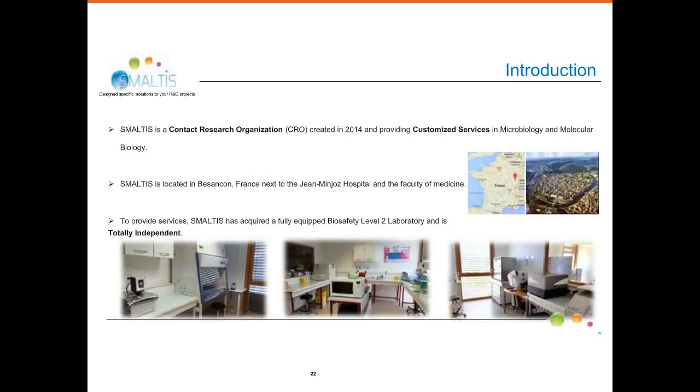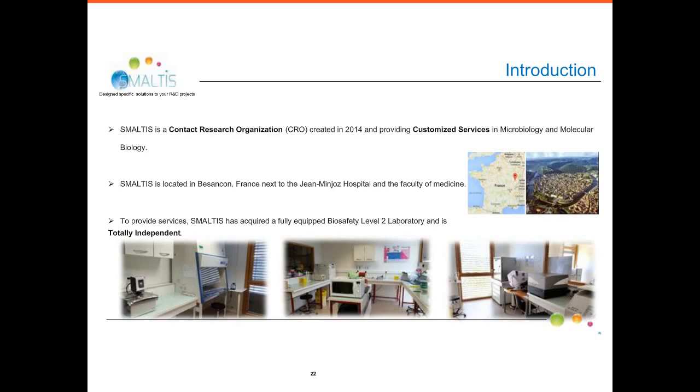So, SMALTIS is a contract research organization created 3 years ago, and we are specialized in the fields of microbiology and molecular biology, and we provide customized services to our customers to increase their research capabilities. For this purpose, at SMALTIS, we deliver scientific expertise combined with innovating tools in order to accelerate your research programs.